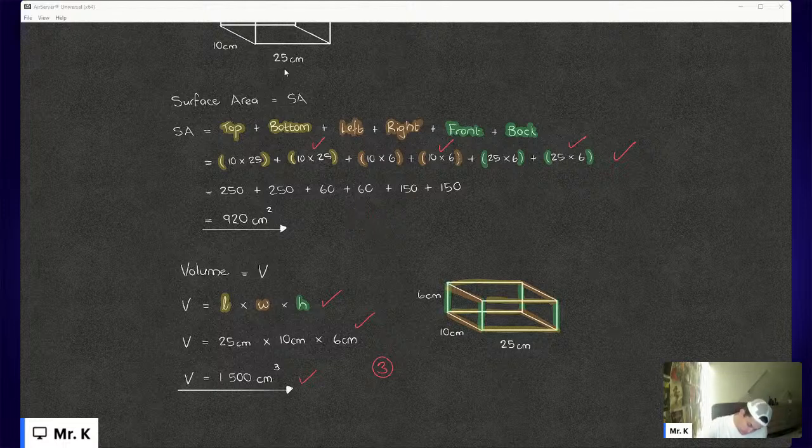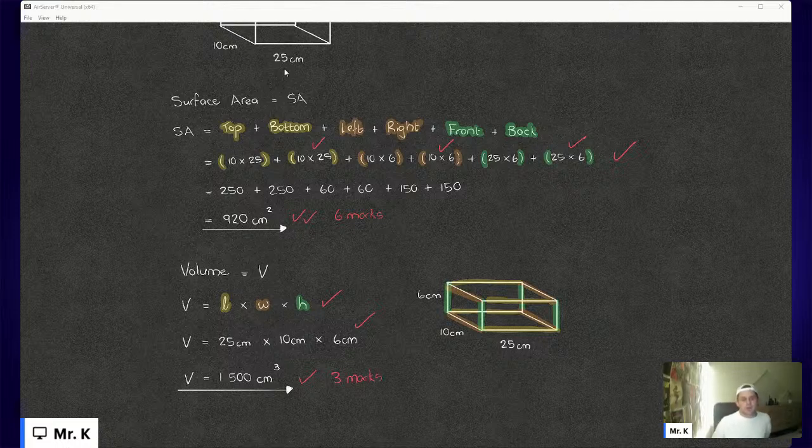All right. It is possible that you could get more marks than this or even less marks, but this is a guideline to give you guys an understanding of what this kind of work is worth.